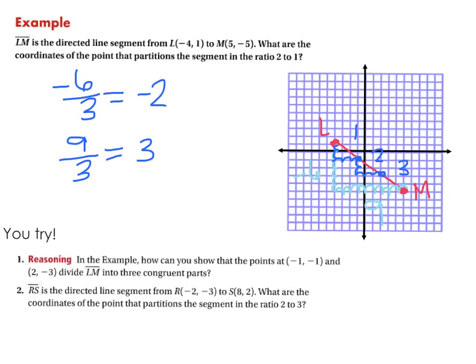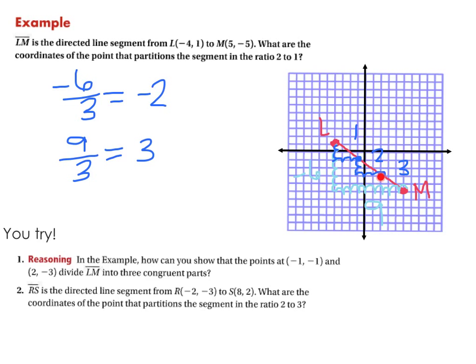If I want to partition my segment LM in the ratio 2:1, then I know that the coordinate I want to choose is the coordinate where the length from L to that coordinate would be twice the length from that coordinate to M. So if I choose this coordinate, then this length in regards to this length is only half.